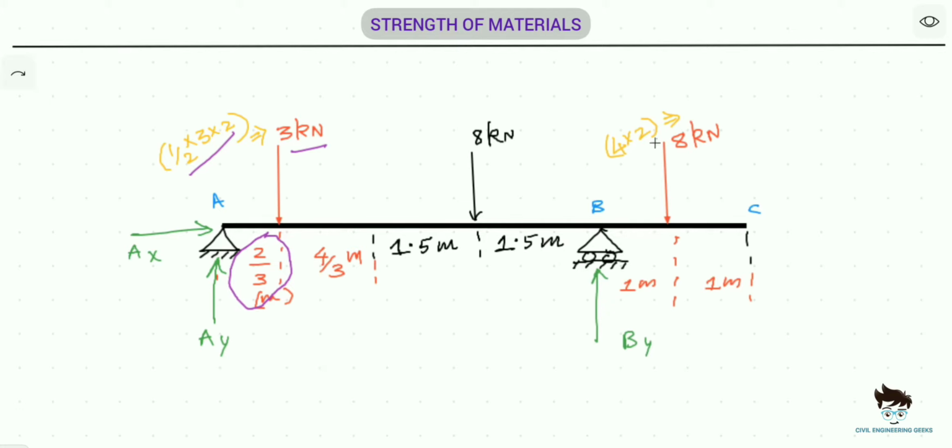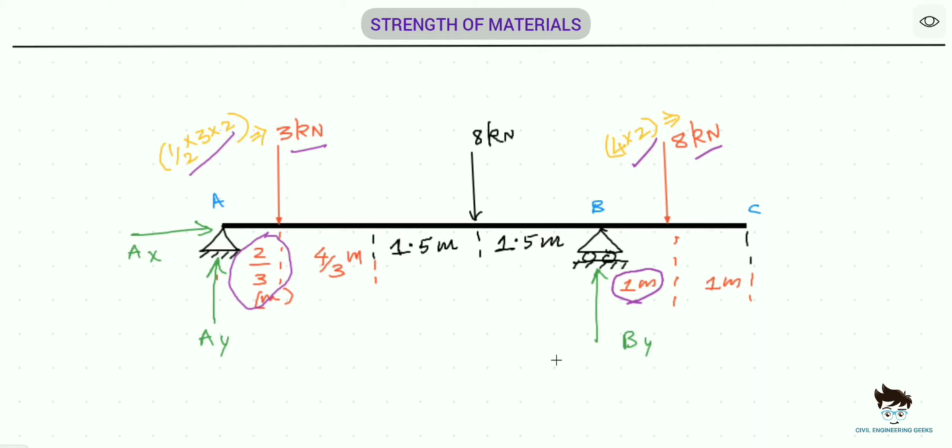And finally we have another 8 kN load which is again a converted equivalent load from the UDL load case. And it will also be acting at the CG of the load case, which is 1 meter from point C. Great. Now this is the converted load and the beam diagram.